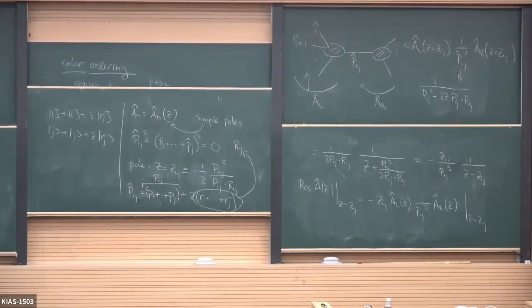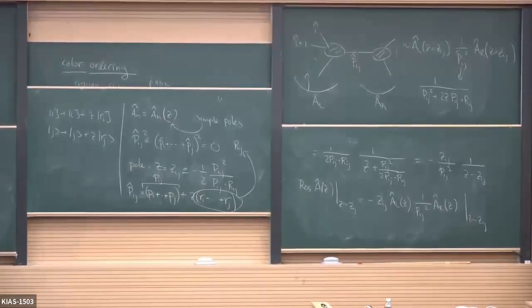The amplitude that we're really interested in is the amplitude at z equals 0, right? So it's the amplitude before the shift. And we can write that as 1 over 2 pi i integral of A hat of z divided by z dz. So here we just use Cauchy's theorem, and this is going to give us precisely A at z equals 0.